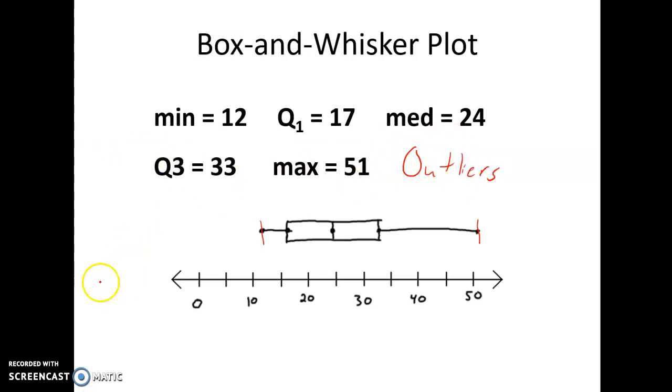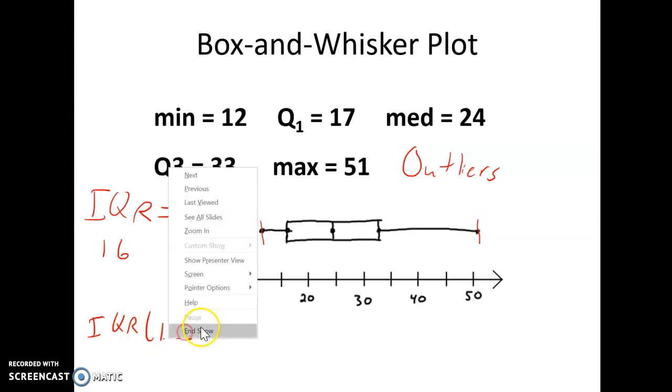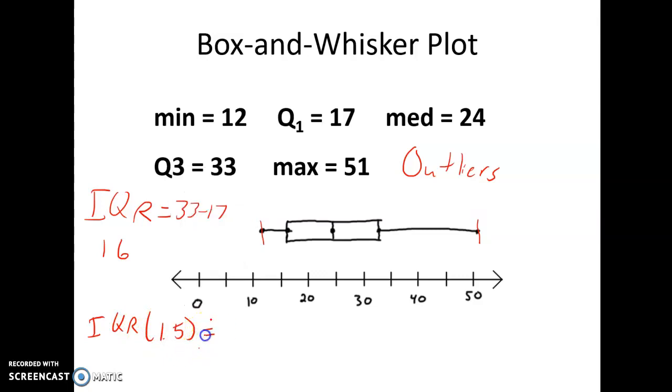So here's how we find outliers. We find our IQR. So we're going to take 33 minus 17, and we already found this on the other slide. That's 16. To test for outliers, you take your IQR times 1.5. You have to do that first.